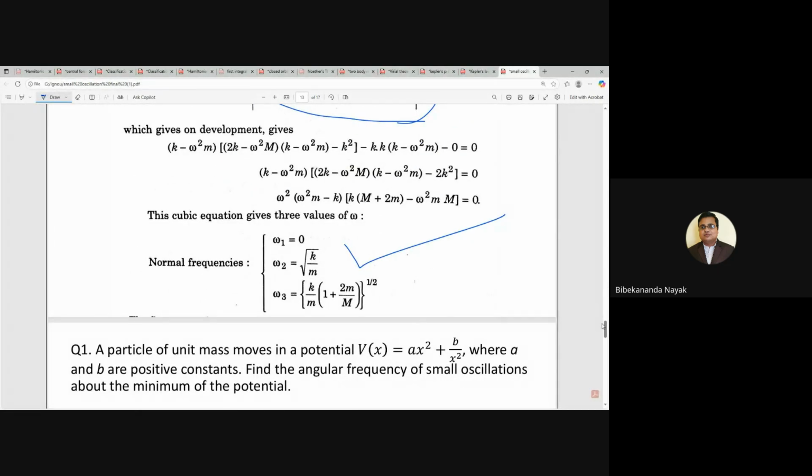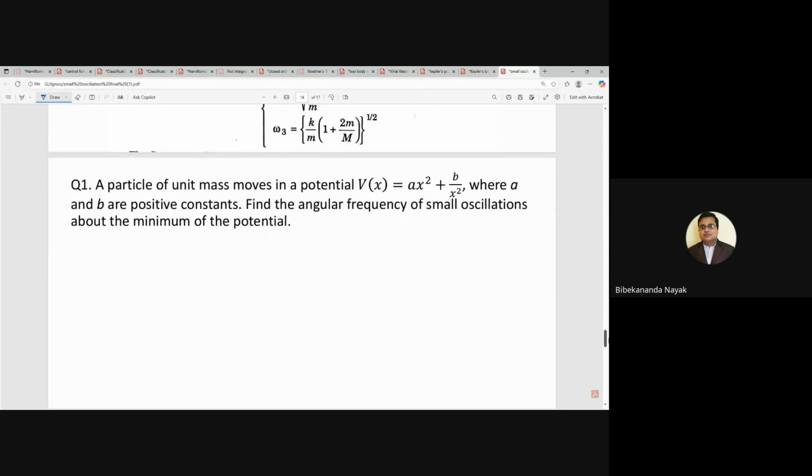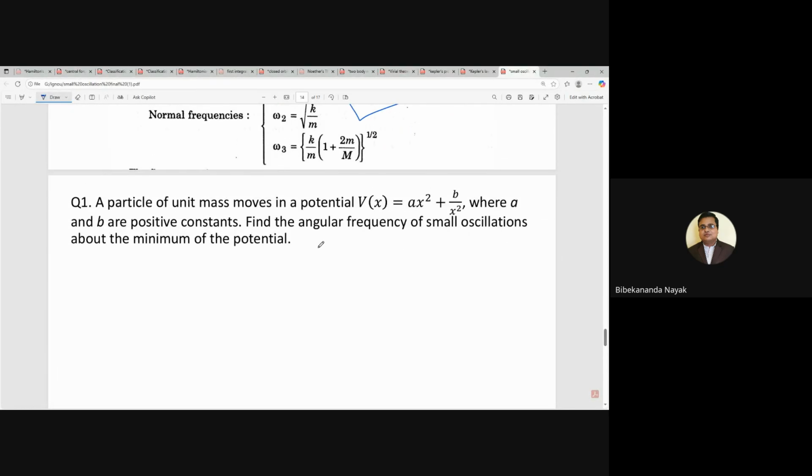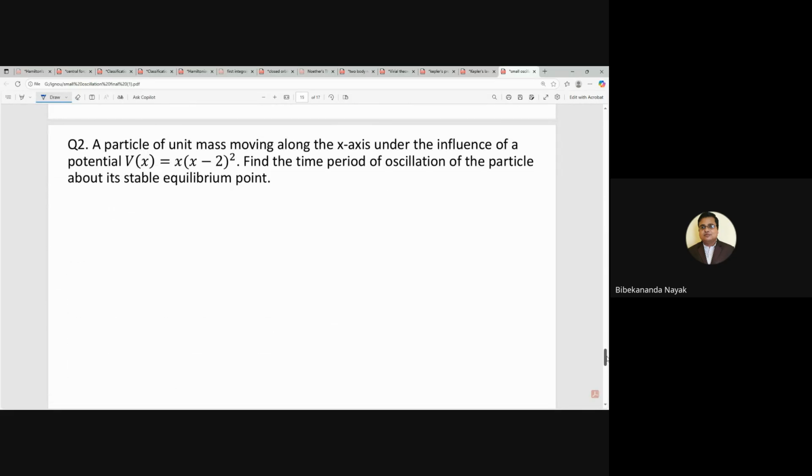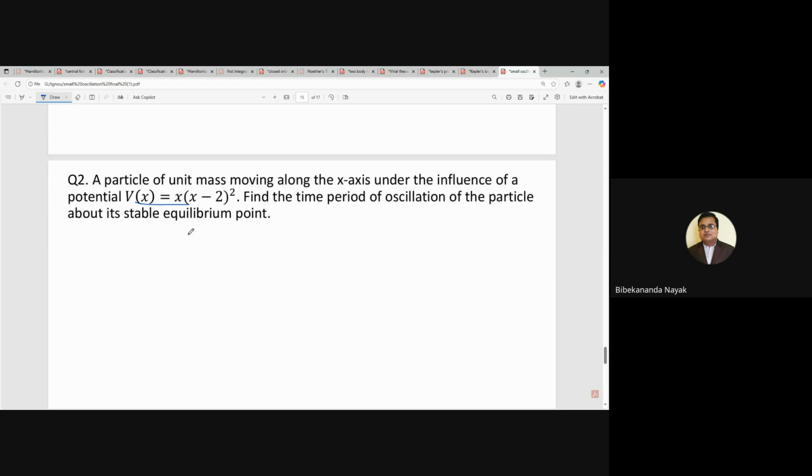This you will calculate. There are some problems you can do by yourself. The potential is given; take its double derivative, then root over that divided by mass, and that is the frequency. Unit mass is given or divided in the frequency. Some problems are given with a potential; take its del square v by del x square.